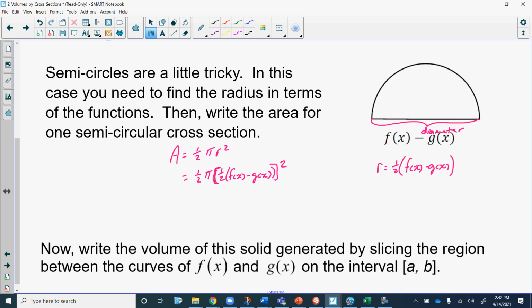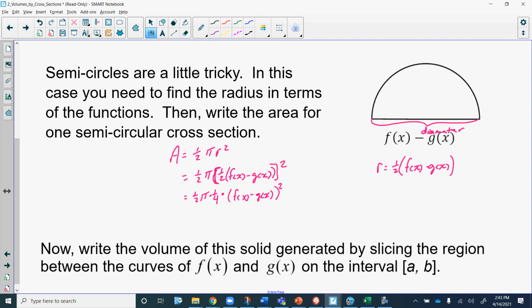So that'll give us 1/2 pi times 1/4 times f of x minus g of x squared.